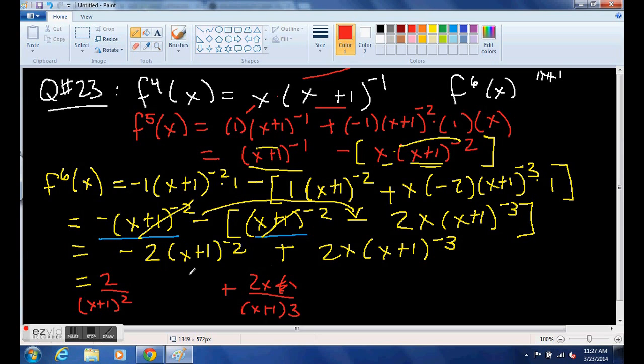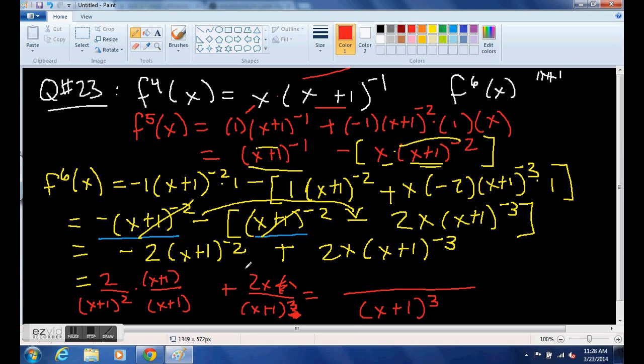And in order to write this in a simpler way, you could multiply this top part and bottom part by x plus 1. So now we can put them all over, that should be to the cubed, not times 3. So now it's all over a common denominator of (x plus 1) cubed.